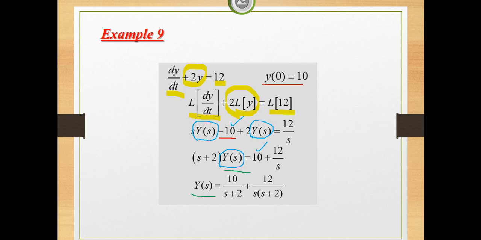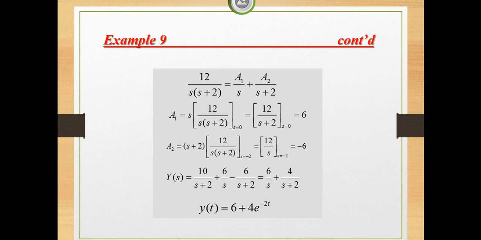I think you know from your integral calculus, and even in the previous topic on the method of undetermined coefficients, how you need to process this expression. So, we only process the 12 over s times s plus 2 because the other one is readily invertible. If you do that, this will be your equivalent partial fractions.